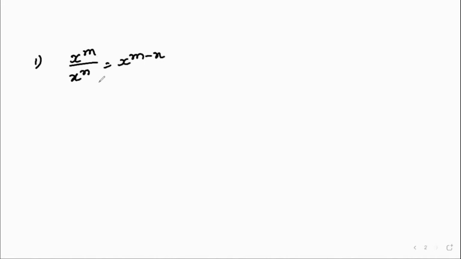Now tell me, what is x to the power m times x power n? It is x to the power of m plus n. When you are multiplying two functions, you have to add the powers.